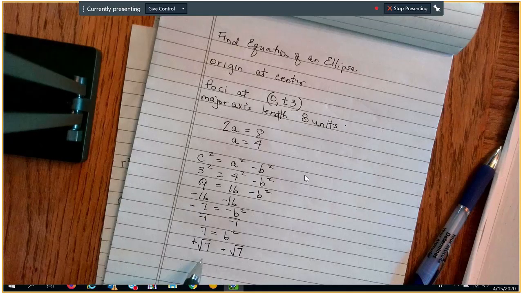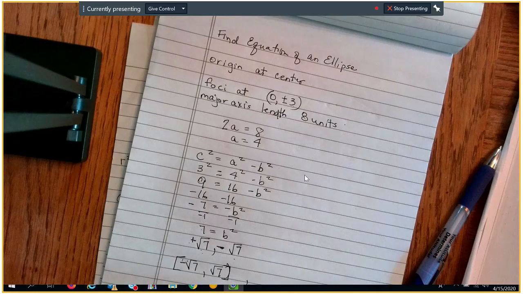The domain is going to be negative square root of 7, positive square root of 7, oh, sorry, brackets. And then the range is going to be negative 4, 4.